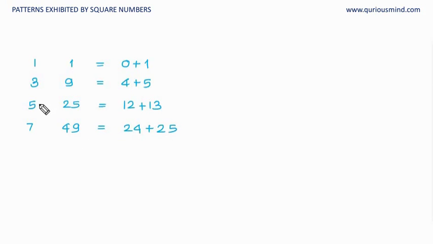So squares of odd numbers are always the sum of two consecutive numbers. So if I take the square of 11, if I want the square of 11 to be represented as the sum of two consecutive numbers, how would I do it? Yes, I can see it is 121, and then I can find that it is 60 plus 61.